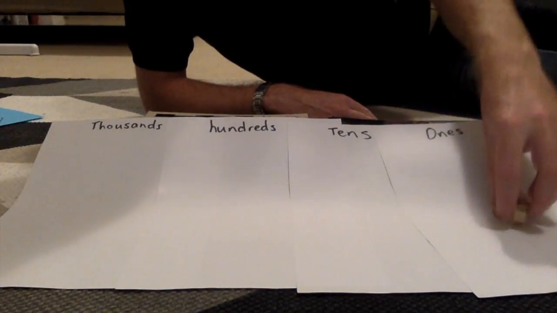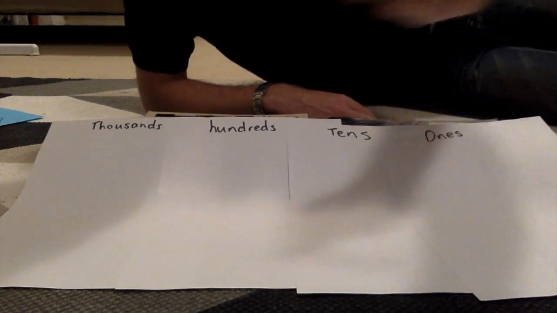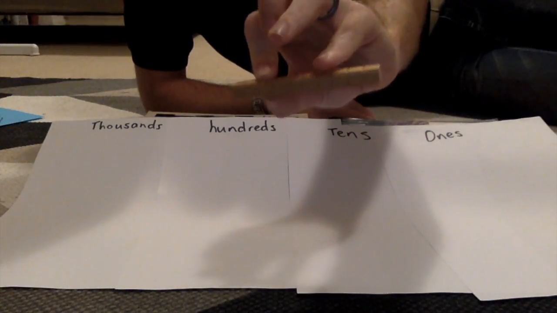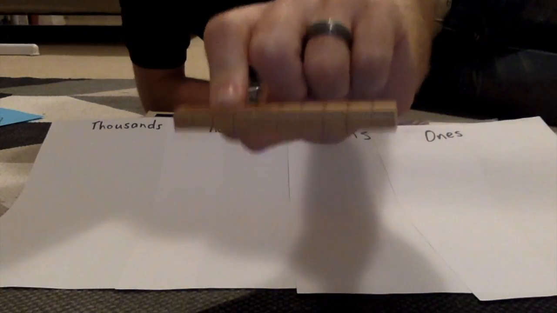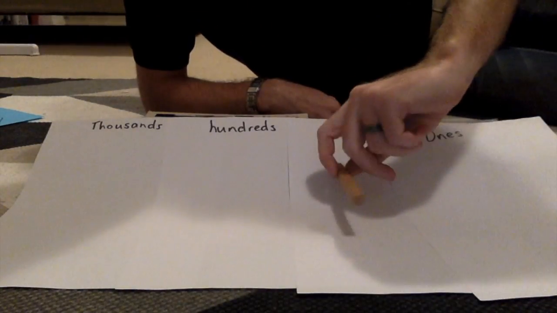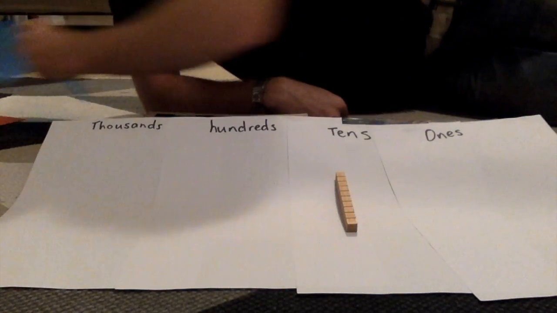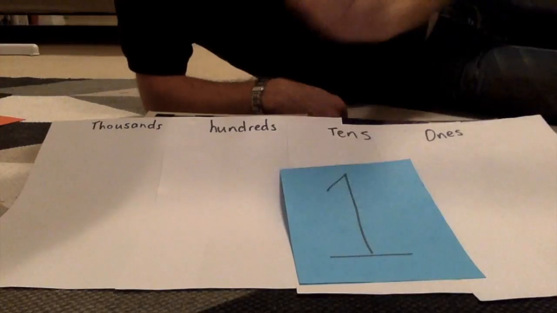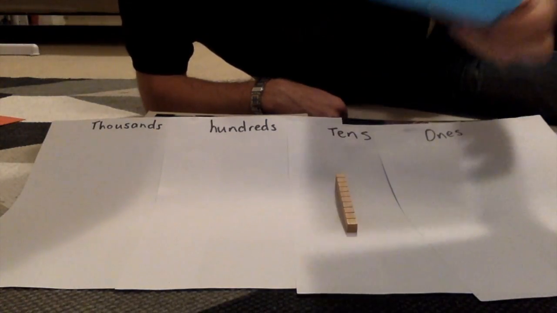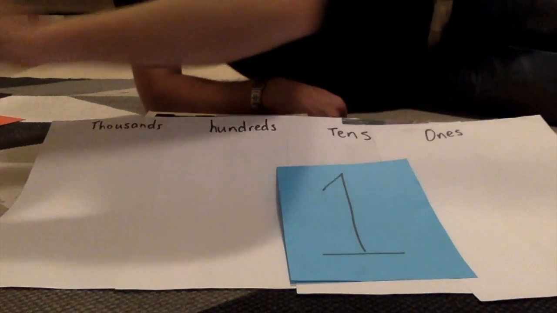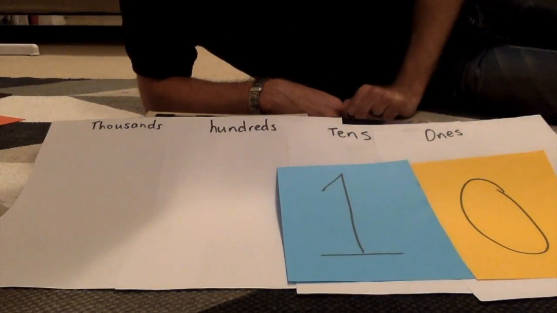I've got to take these 9 blocks, and if I want to add 1 more, I need to trade them for one of these longs, which has 10 blocks in them all together. You can pause this and count them if you want, but there are 10 there. And so we put that into there. And all of a sudden, I have 1 ten, because that's what that long represents, tens. I have 1 ten, and I have no 1s.